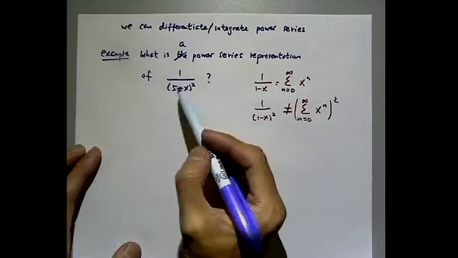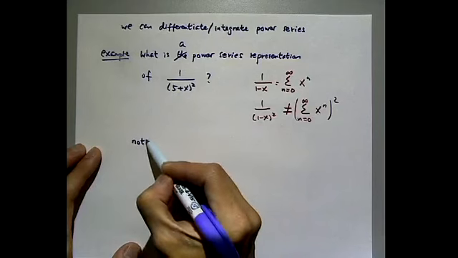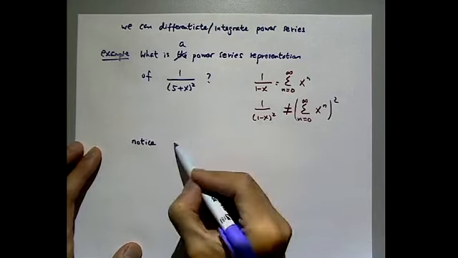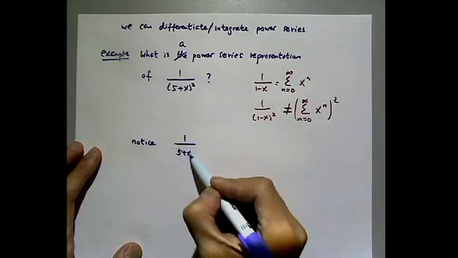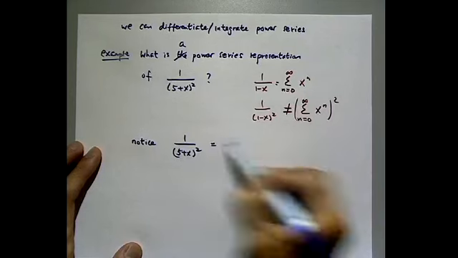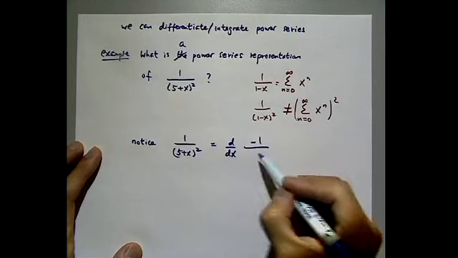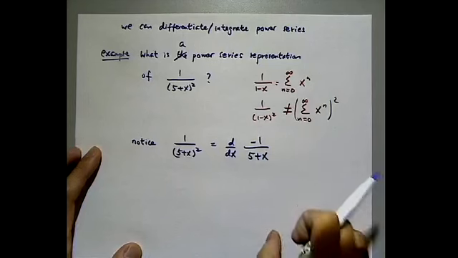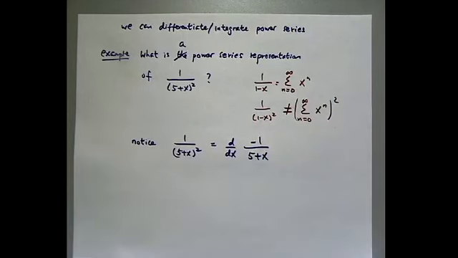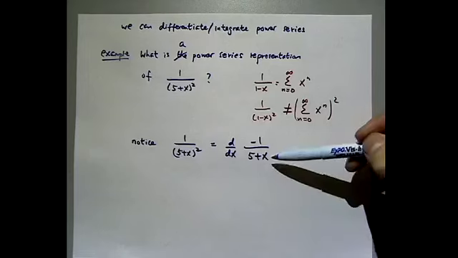But what we can notice is that one over 5 plus x, the whole thing squared, is equal to the derivative of negative 1 over 5 plus x. And we dealt with this one in the first example today. We ended up getting this thing right here.